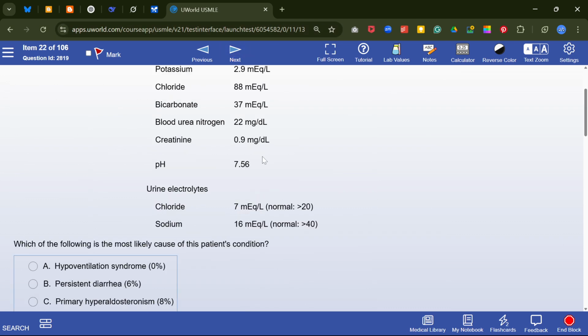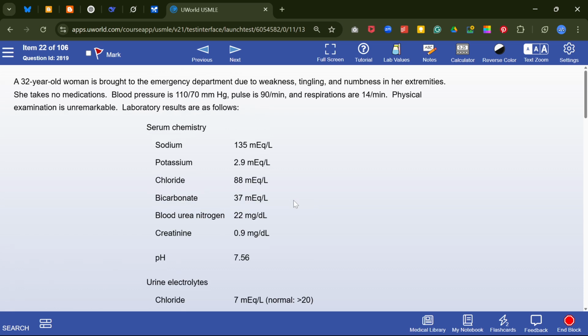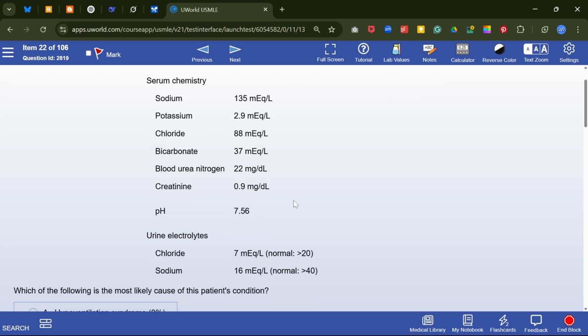Okay, look at this question. Urine pH is higher, like alkalosis. If there is metabolic alkalosis, then we do urine chloride. If urine chloride is low, slow, go with the flow, that means saline responsive.